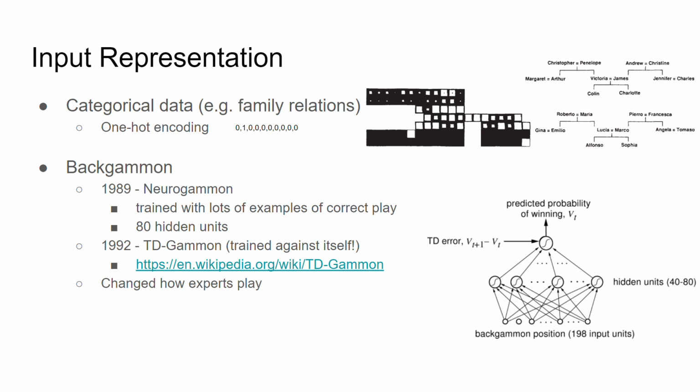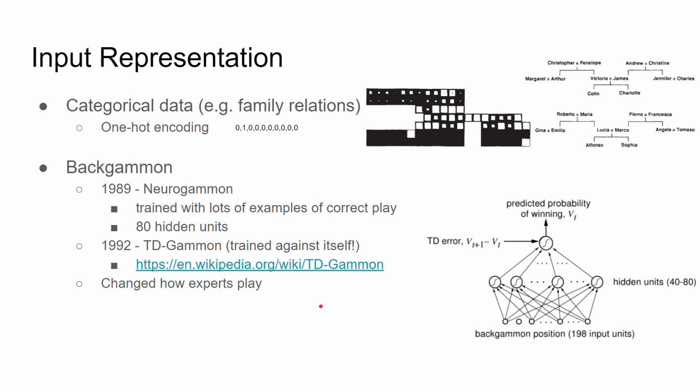For example, in 1989 there was NeuroGammon, which was basically, let's get a neural network to learn what the best move is in backgammon. We'll do this simply by taking a whole bunch of training data about people playing backgammon and what they did, and training up that network. There's also another version that learned by playing against itself. Again, we'll talk about that next time.